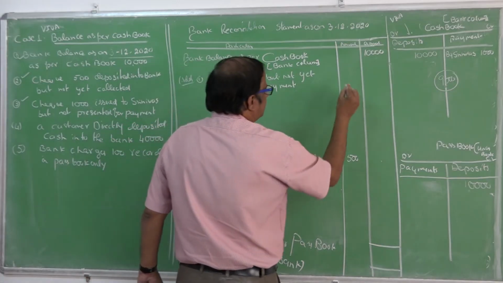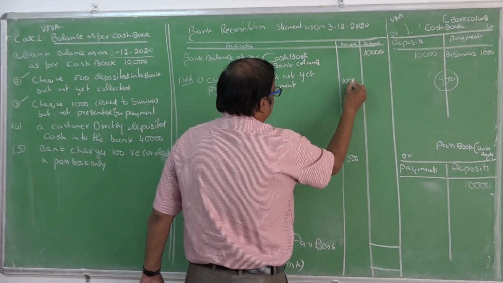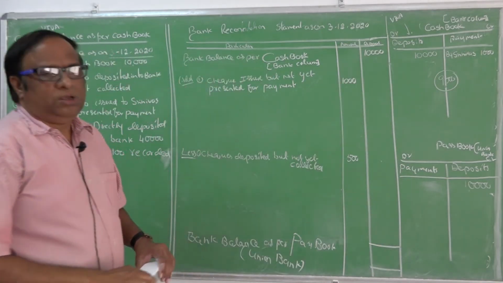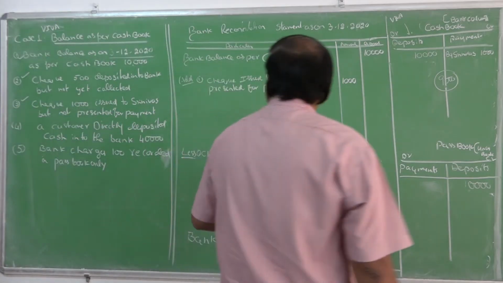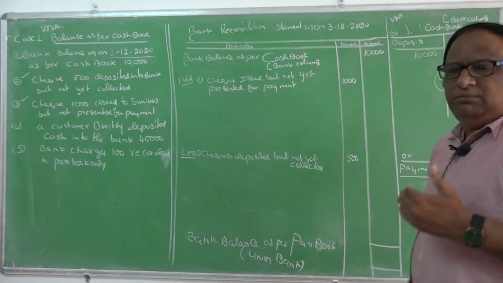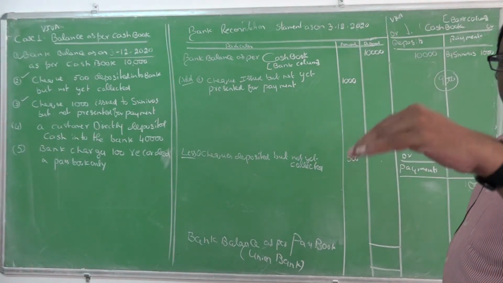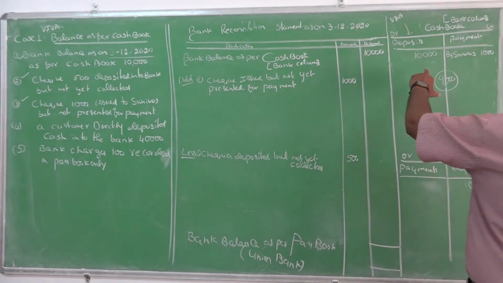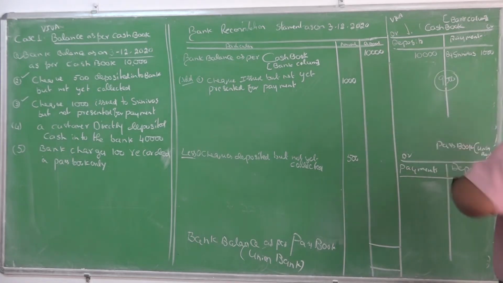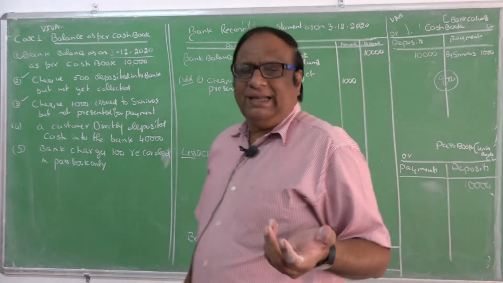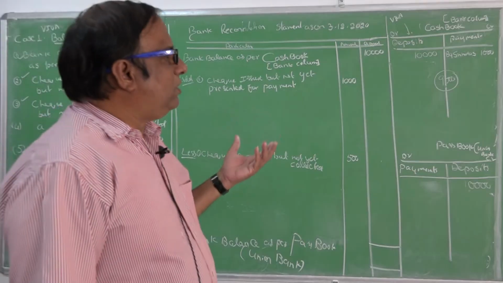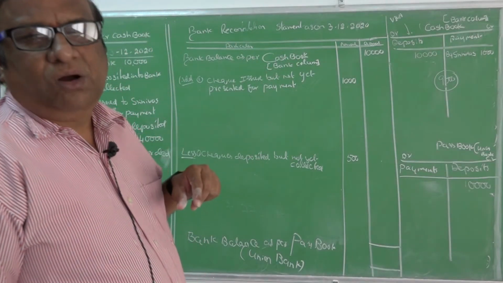That comes as 1,000 in the inner column. So we issued a check to Srinivas because he is a rice supplier. We have given a check to him. When I have given a check, the accountant is under the assumption that Srinivas will go to the bank and collect the amount from the bank. So the accountant writes down the entry as payment to Srinivas.